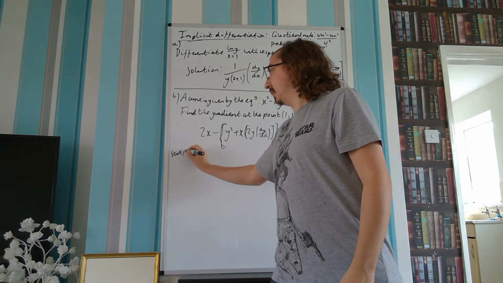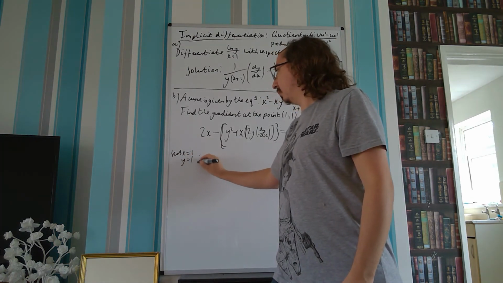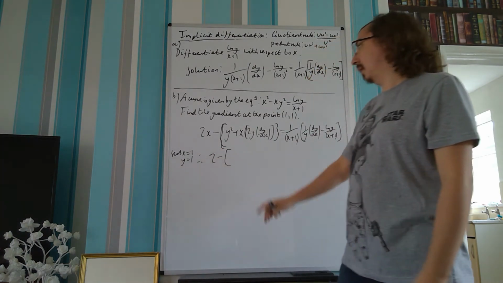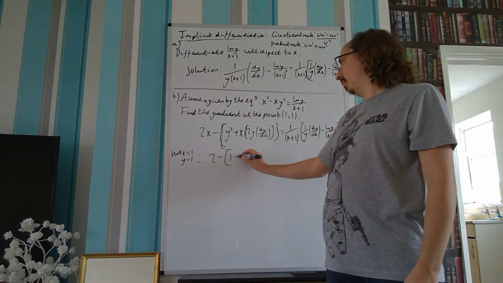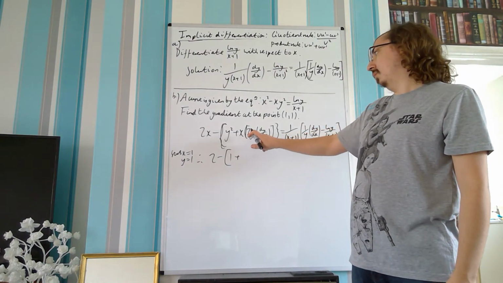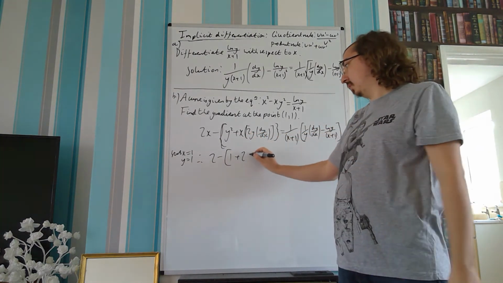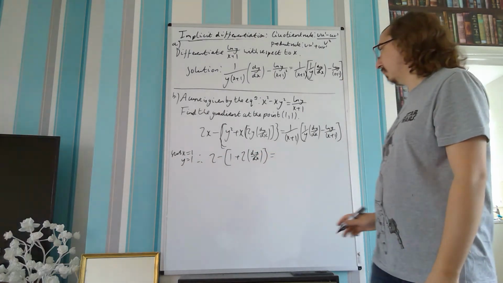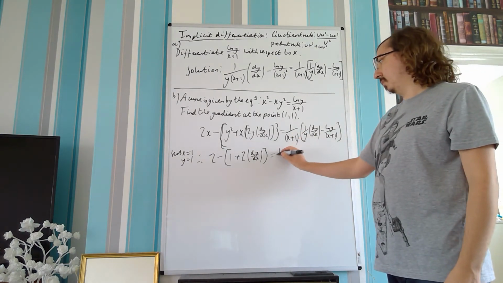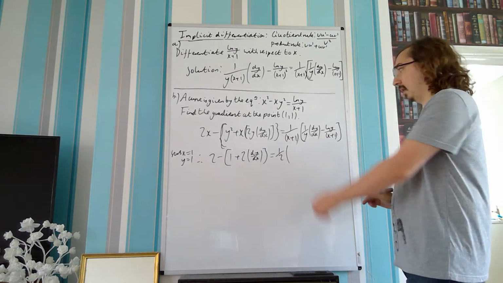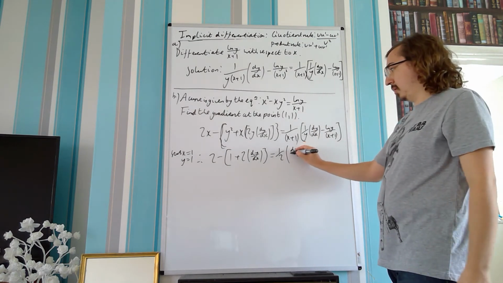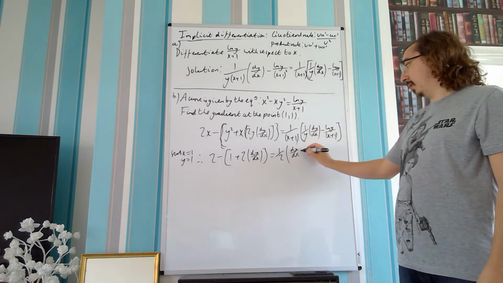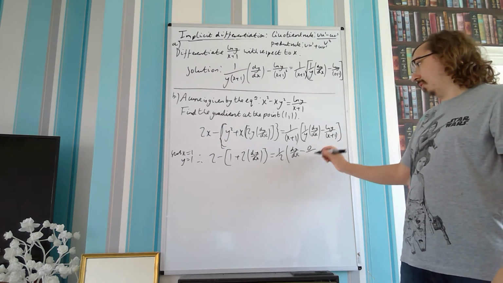So let's substitute in x equals 1 and y equals 1. 2 times 1 is 2 minus, in our brackets, 1 plus 1 times 2 times 1, which is 2 times dy by dx there, is equal to 1 over 1 plus 1, so we have a half, times 1 over 1, which is 1, dy by dx, minus ln(1), which if you remember is 0, over 2.